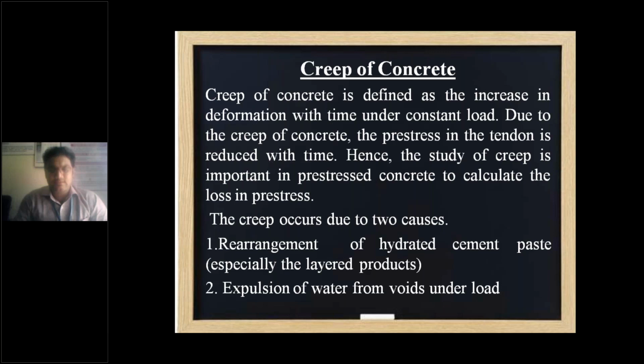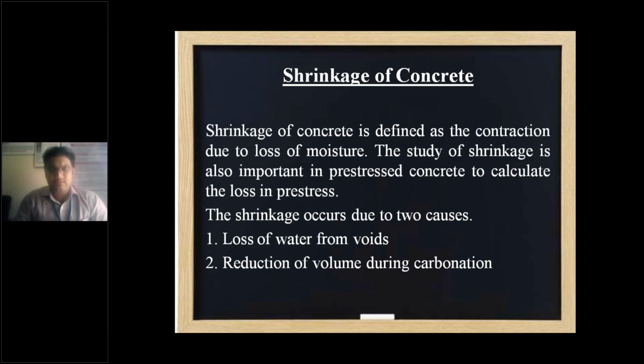Okay, so the next one is shrinkage. What do you mean by shrinkage? We all know shrinkage means to contract, right? You can see these kinds of shrinkages when an element is cast with a huge surface area. Can you tell me one example of an element cast with a huge surface area in a building?